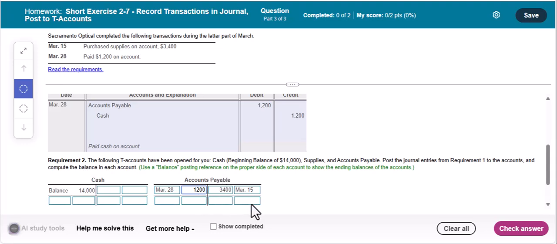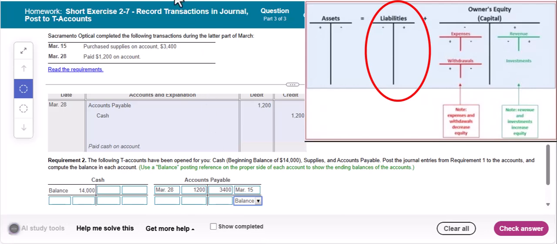The balance is going to be on the side that is bigger, and we're always going to put the balance on the bigger side. So we're going to take 1,200 from 3,400, and that gives us a $2,200 balance left in accounts payable on the credit side, since that is debt we still owe.